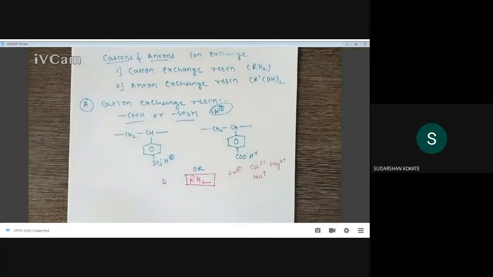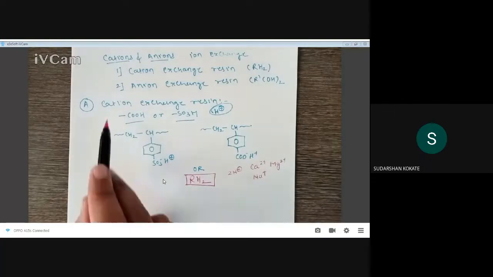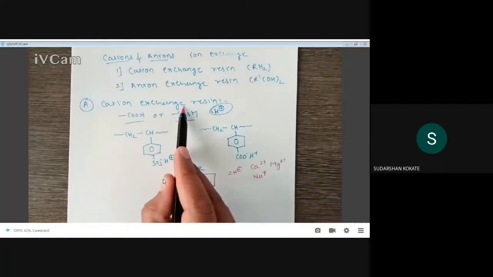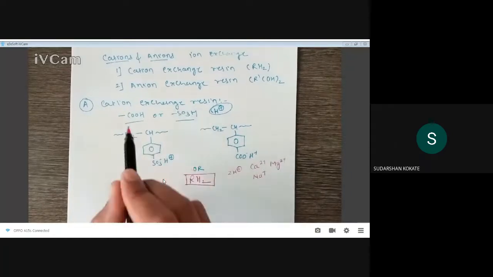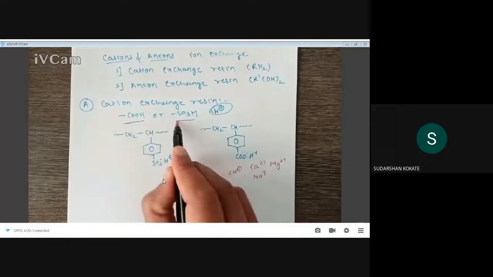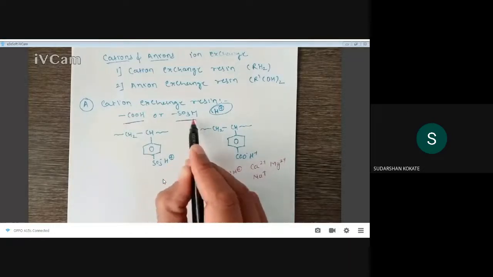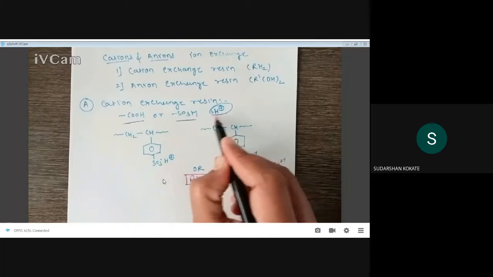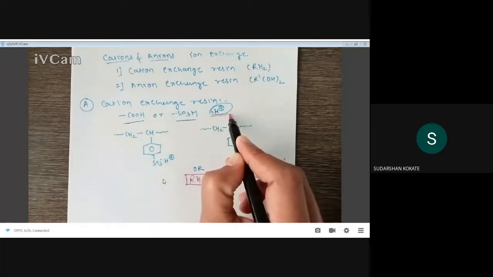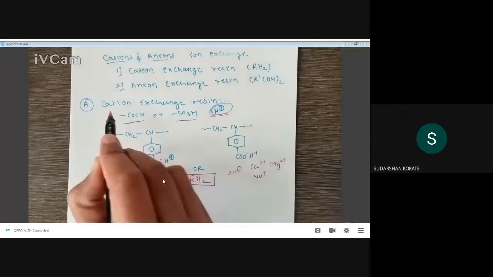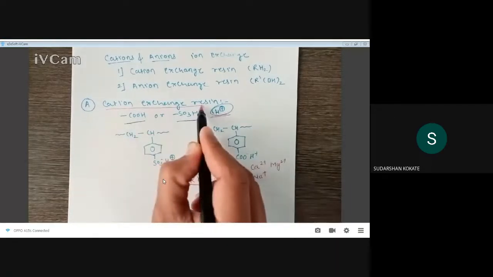Your cation exchanger resin. See, I will again repeat: the cation exchanger resin having carboxylic group or sulfonic group in their structure, so that it can easily exchange H plus ion with cations present in your water sample. So therefore it is known as cation exchanger resin.